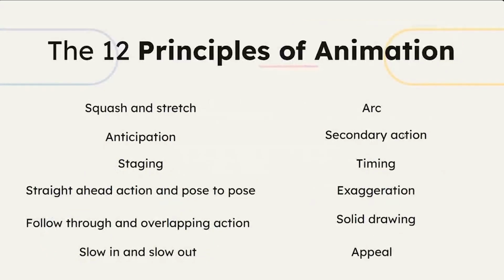So let's go through all of them. Here's a list of all of them. I'm going to go into each one individually and explain a little bit about them. But mainly it's squash and stretch, anticipation, staging, straight ahead action and pose to pose, follow through and overlapping action, slow in and slow out, arc, secondary action, timing, exaggeration, solid drawing, and appeal.